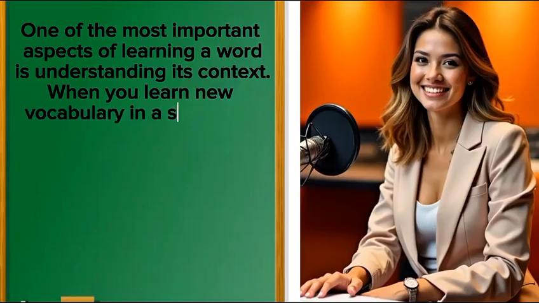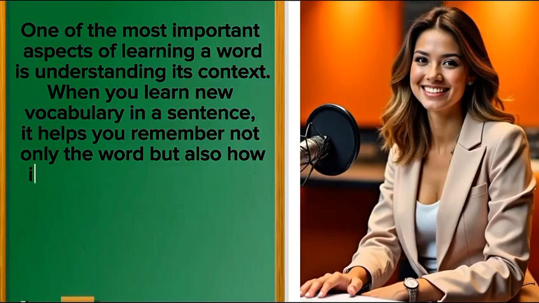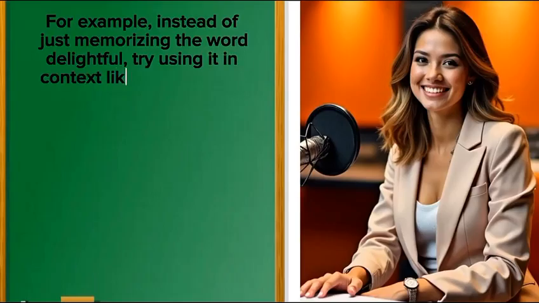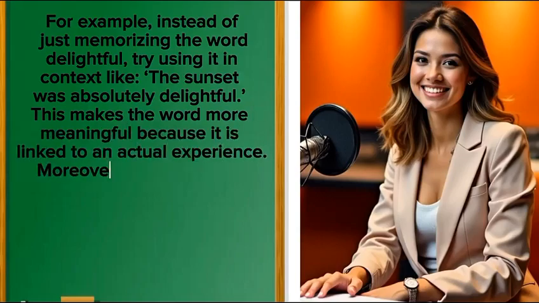When you learn new vocabulary in a sentence, it helps you remember not only the word, but also how it's used in real situations. For example, instead of just memorizing the word delightful, try using it in context like, "The sunset was absolutely delightful." This makes the word more meaningful because it is linked to an actual experience.